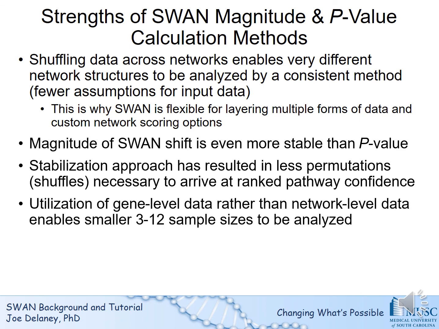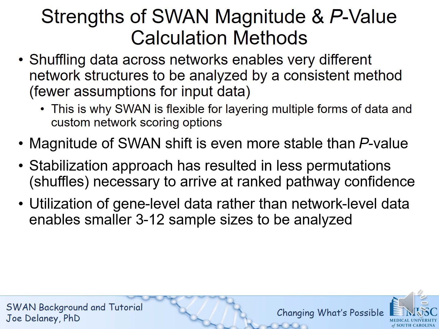One aspect of the software that we haven't really discussed much is that gene level data can be utilized rather than the entire network level data. And that's how we've gotten around this sample size limitation, because we recognize many of these big data sample sizes are at the three sample level.